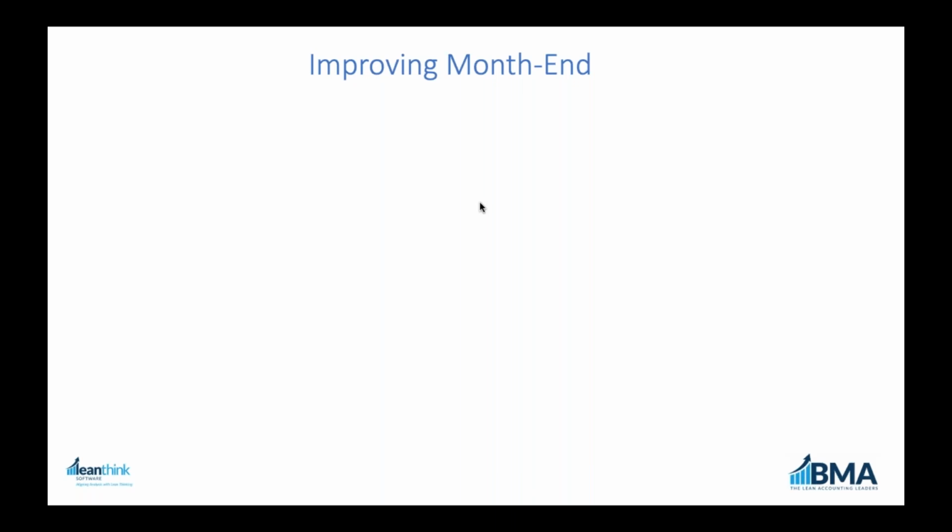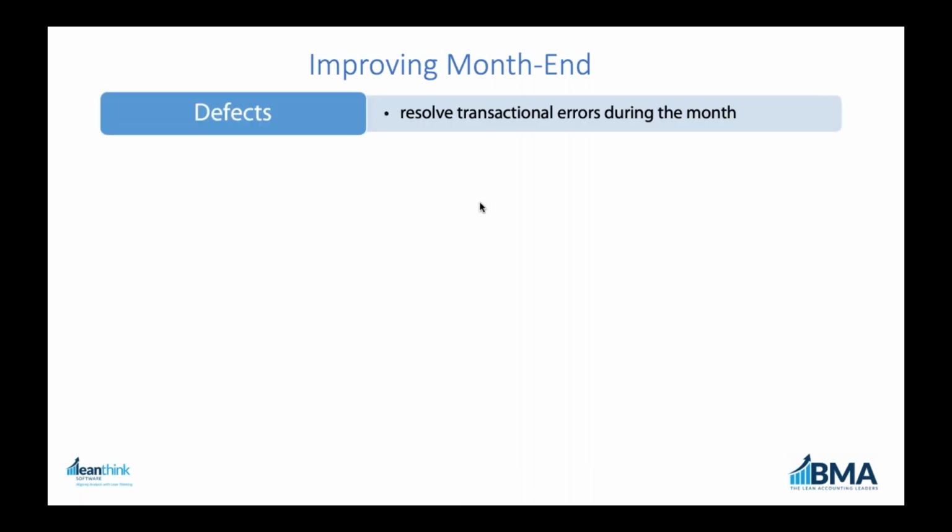If you look at month end in terms of downtime, sometimes you're dealing with defects during the month end close period. Defects are typically the result of transactional errors, so the effort needs to be made to resolve the transactional errors much faster during the month rather than looking at them at month end.